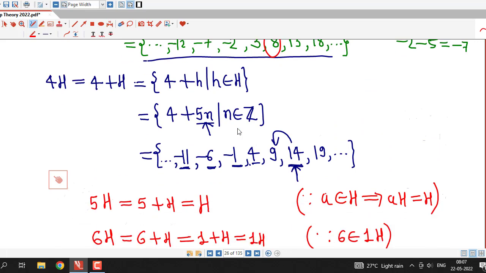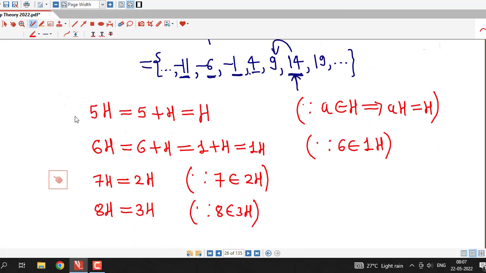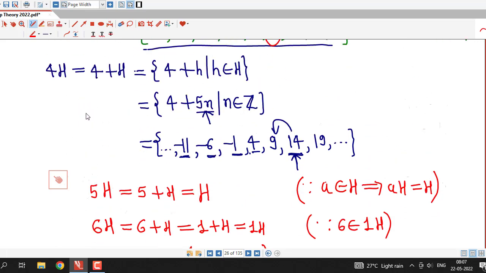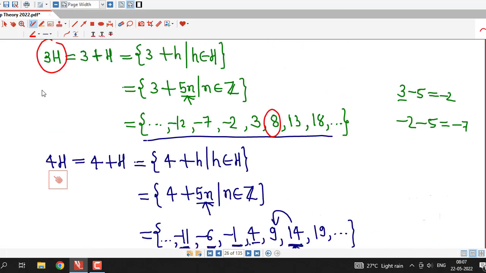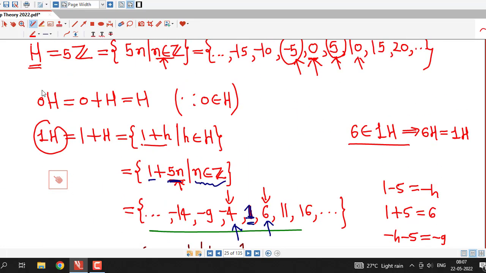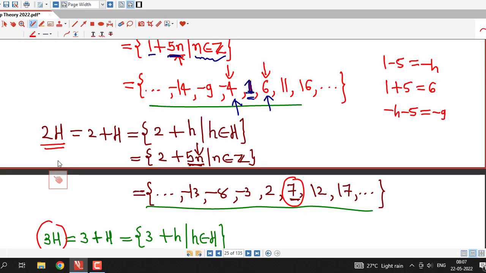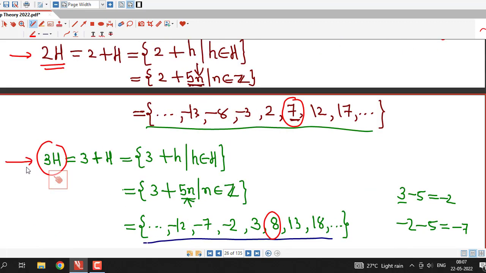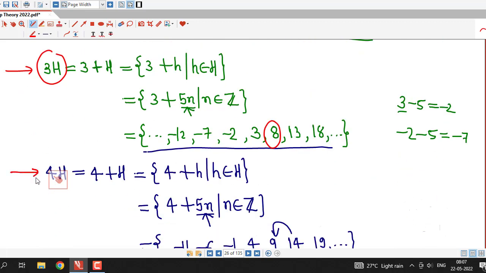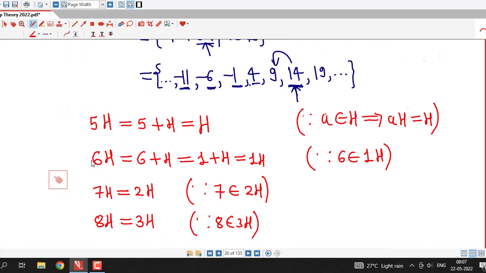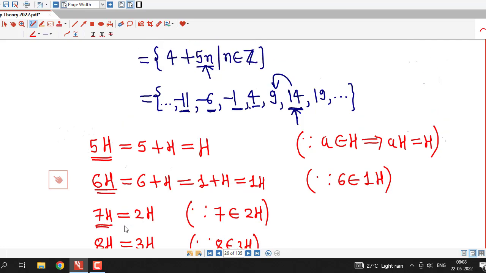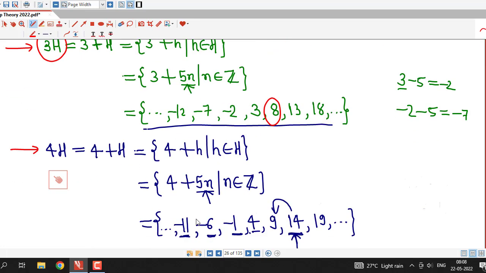Now we can get an idea from this that up to 4h we started by taking 0. So 0h, then 1h, 2h, 3h and 4h, and after 4h all these cosets 5h, 6h are equal to any of these previous cosets.